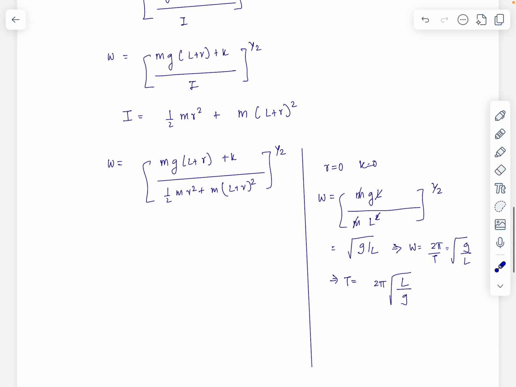Now that we've recovered the classical formula for the time period, let's finish off the rest.